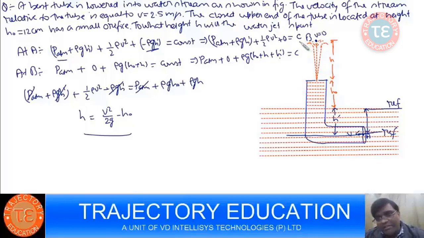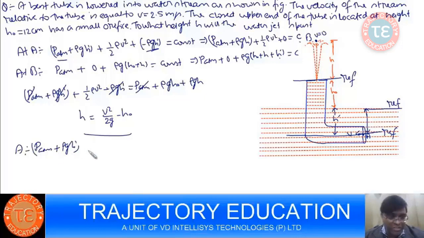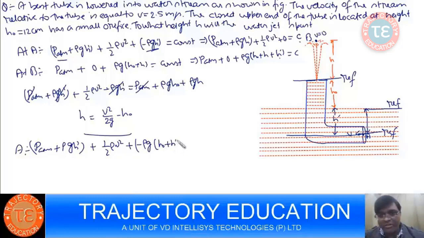So ultimately they will cancel out, you'll get the same thing. If I take, say, this as reference, then what will happen? At point A, your equation will be again P-ATM plus rho g h dash plus half rho v square minus rho g (h naught plus h dash) equal to constant.